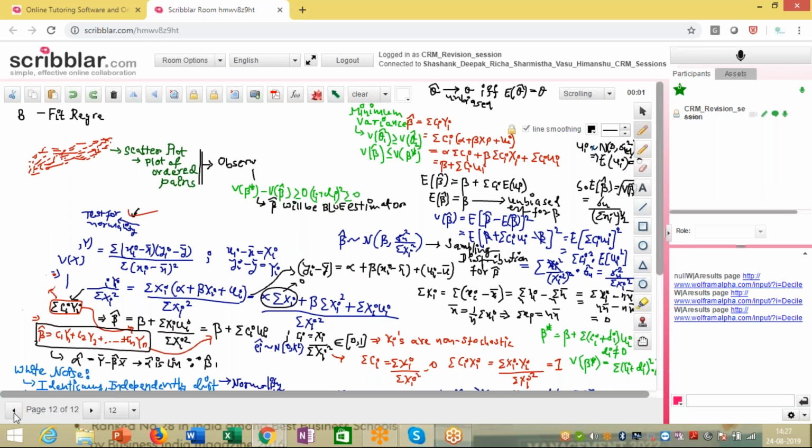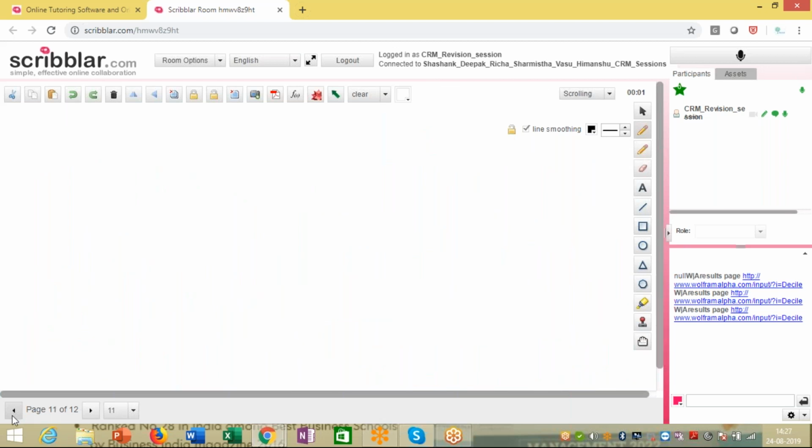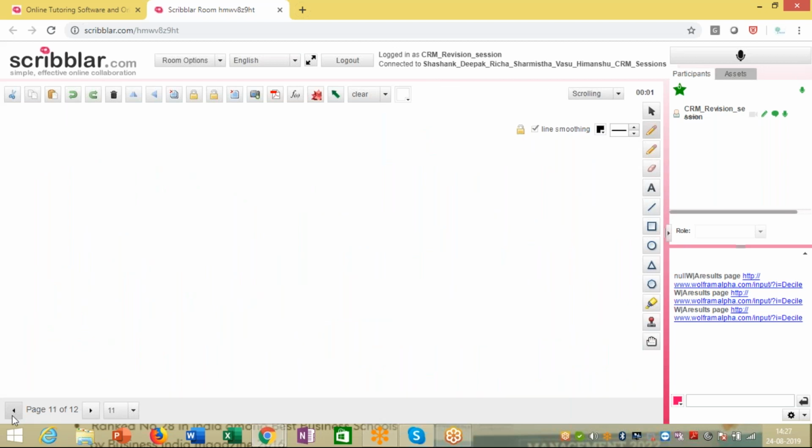One of the important things we see about the properties of the best fit regression line is that the estimators, the beta hats, have to be the best linear unbiased estimator.